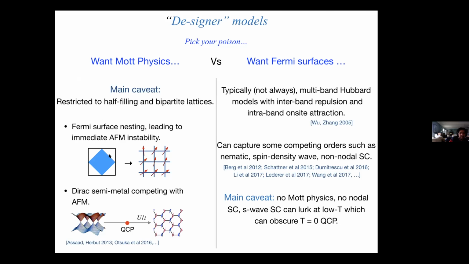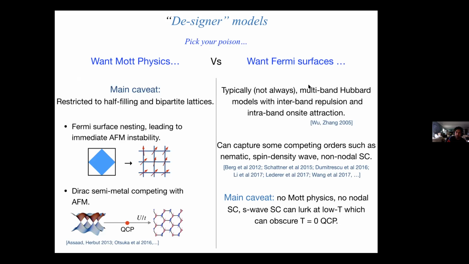You might think, okay, I can still get a Fermi surface, for example, on a square lattice, but you will find that as soon as you turn on any repulsive Hubbard U, which is the Mott physics, you will gap out the Fermi surface immediately. So it's not a stable phase. The Fermi surface cannot exist. So it's consistent with this tension. Or you can have a Dirac semimetal. Again, it's fine. There's no Fermi surface.